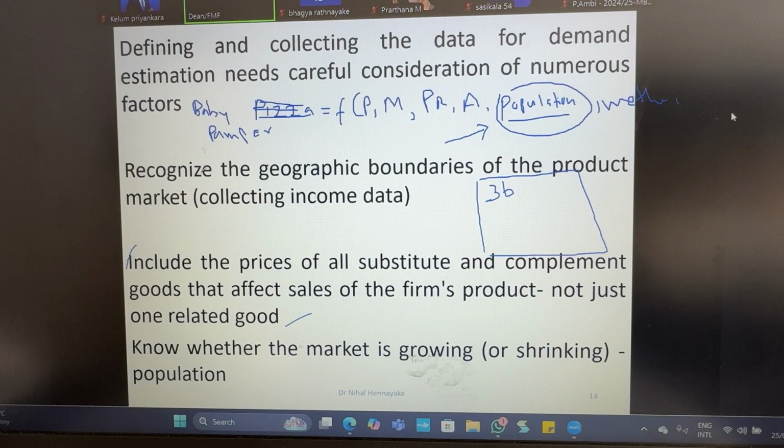If it is a pizza, what are the substitutes? As you said, Domino's pizza, and another pizza brand available in the market. And also, how about KFC burgers, McDonald's burgers? Is the KFC burger price, McDonald's burger price affecting the pizza demand or not?